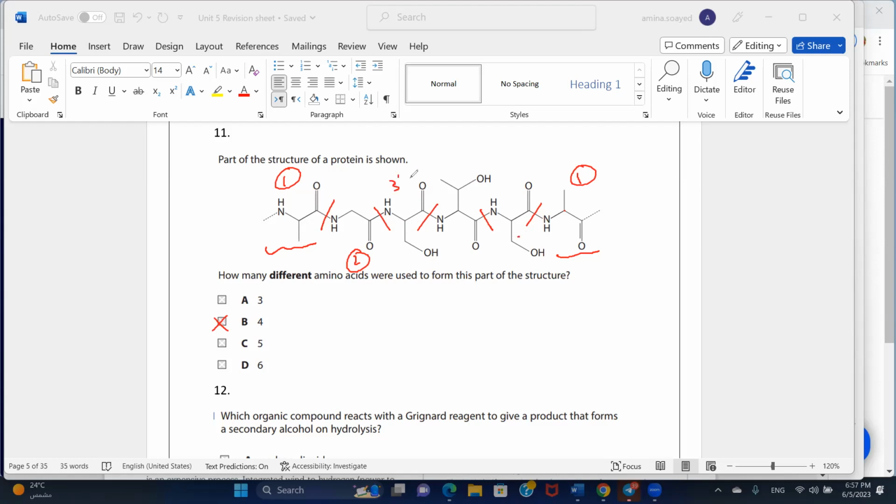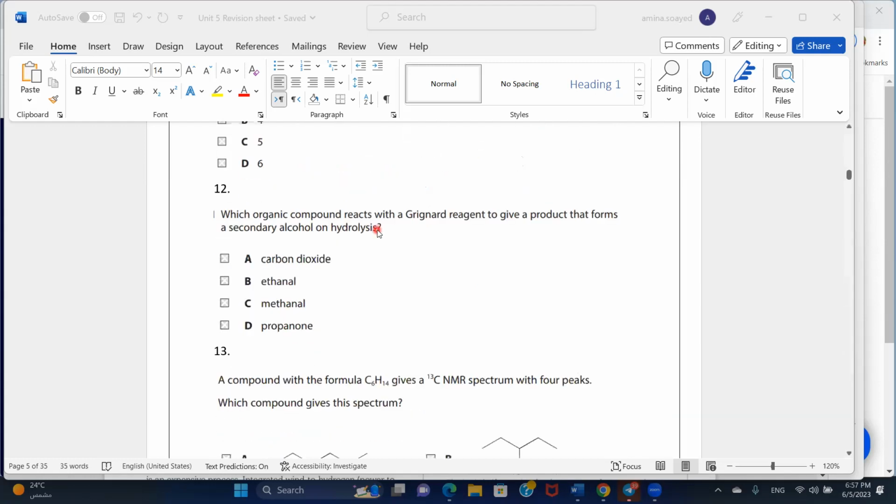So this is 3 and this is 3. They are similar. And this is the fourth one because it is different. So we have 4 different amino acids. We just want to be careful when we compare the structures together.